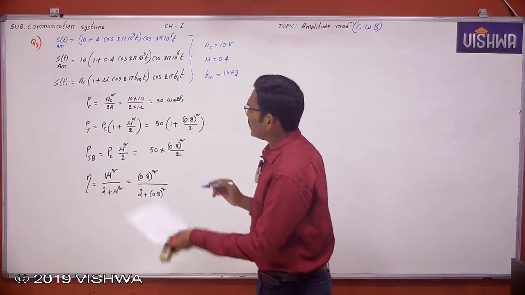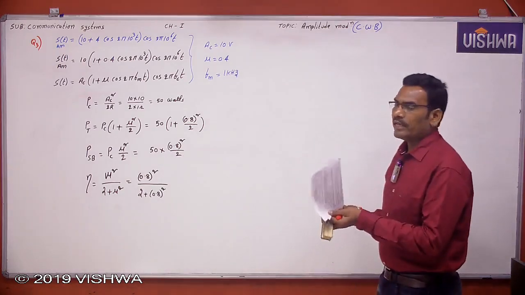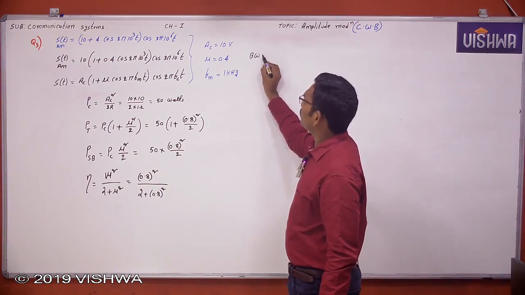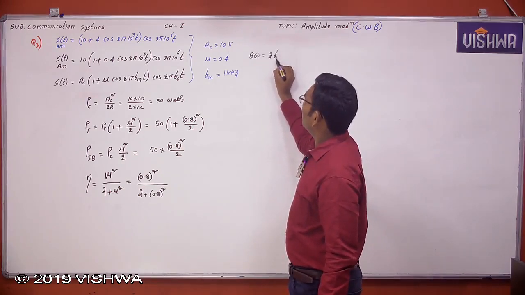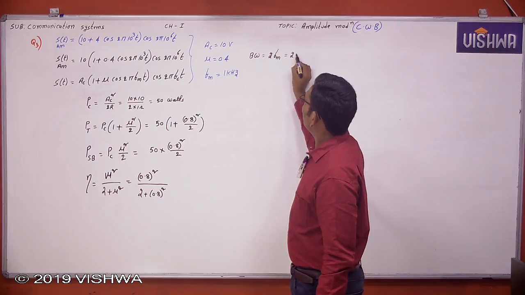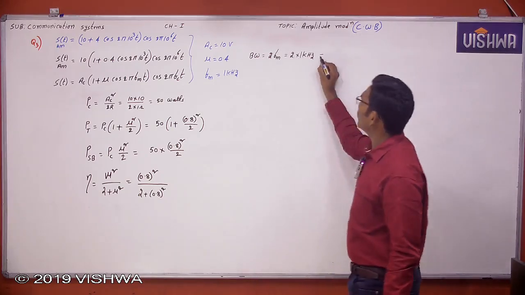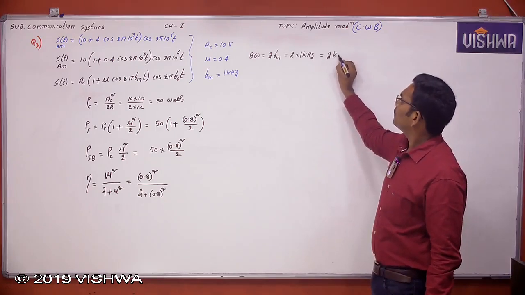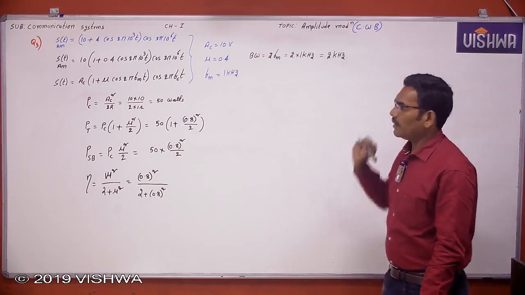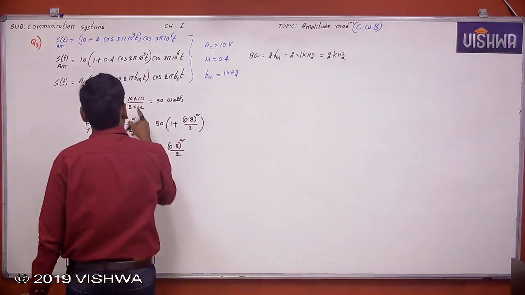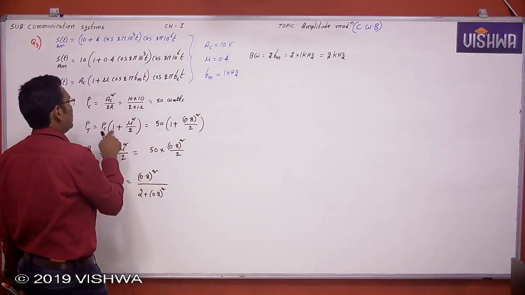Whenever the frequency of the message signal is available, you can easily calculate the bandwidth. The bandwidth is 2 fm, which is 2 into 1 kHz, which is equal to 2 kHz. Right? Now carrier power is Ac square by 2R, which is 50 watts. Total power is Pc into 1 plus mu square by 2.